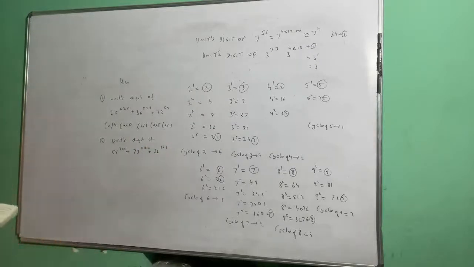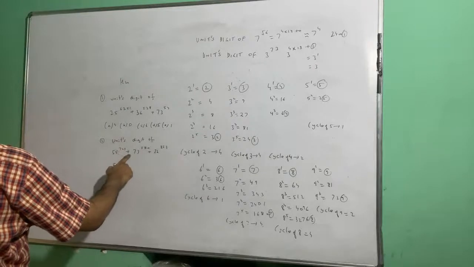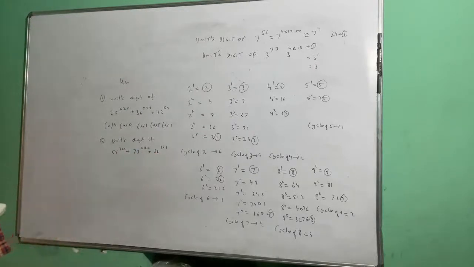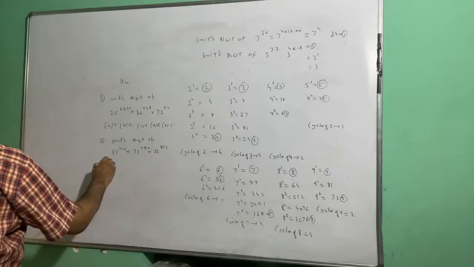Next: find the units digit of 55 to the power 725 plus 73 to the power 5810 plus 22 to the power 853. And these are the options.